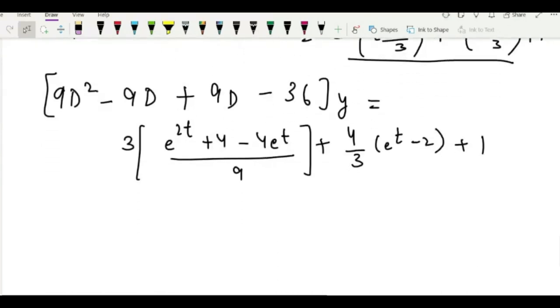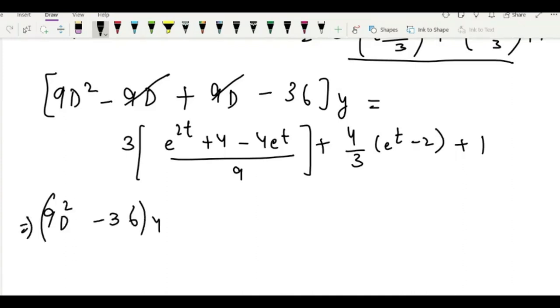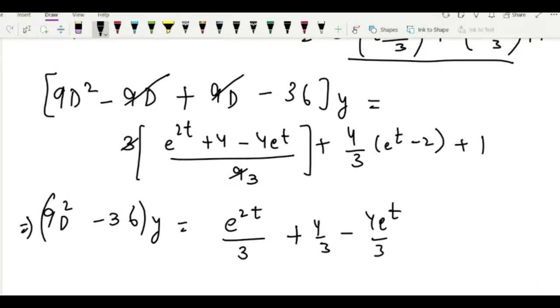Now you can see from here, this will cancel out and we get 9D square minus 36y is equal to e raised to power 2t upon 3 plus 4 upon 3 minus 4 e^t upon 3 plus, from here, 4 upon 3 e raised to power t minus 8 upon 3 plus 1.